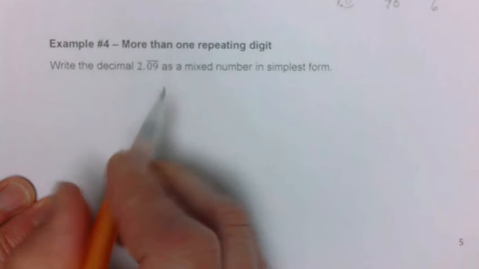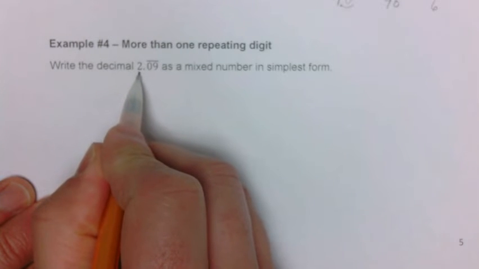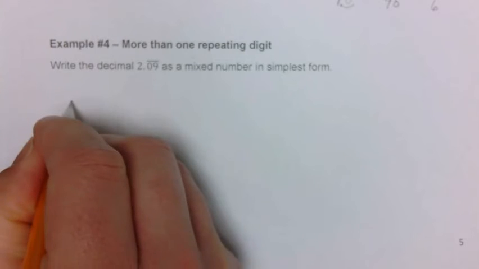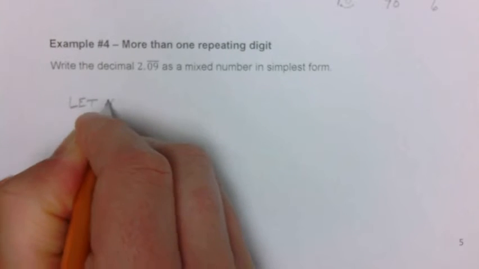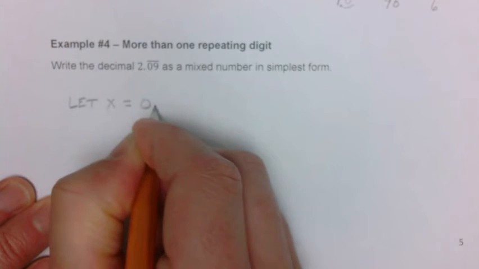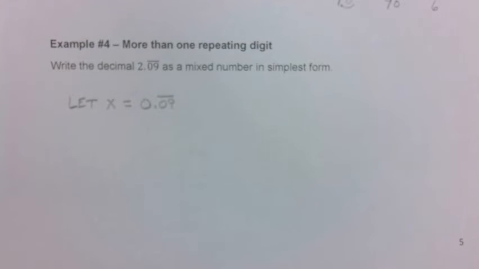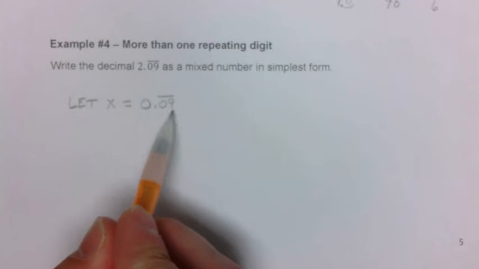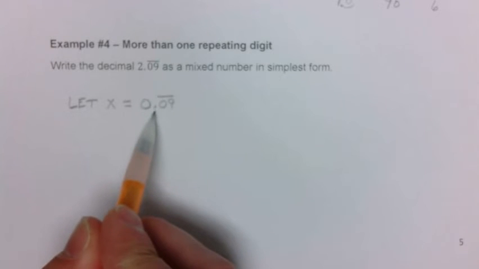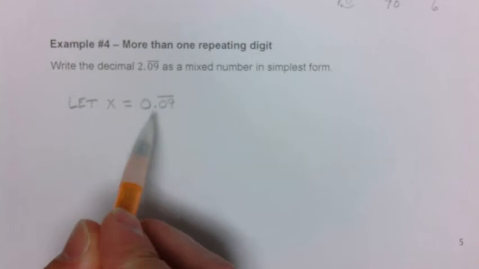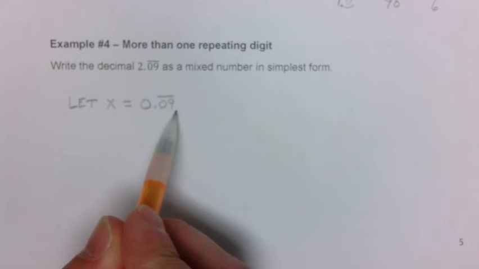So I'm going to ignore the 2 for right now, and I'm only going to focus on what's repeating right here. I'm going to say let x equal 0.09 repeating. All right, x equals 0.09 repeating. Since there are two digits that are repeating, I need to move this decimal point to the right twice. Mathematically, to move the decimal point to the right twice, you need to multiply by 100.